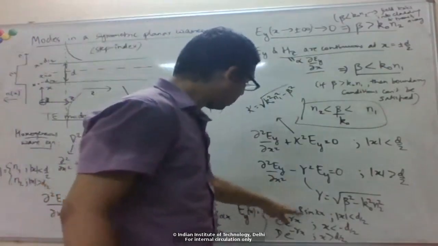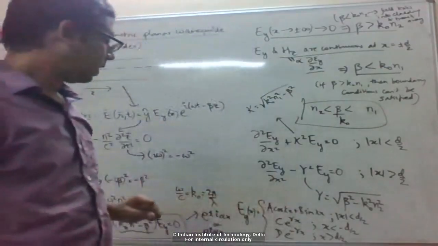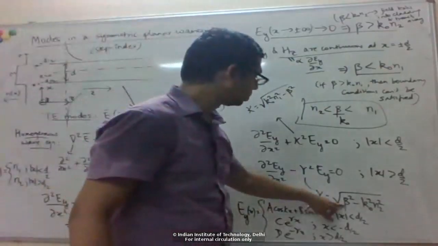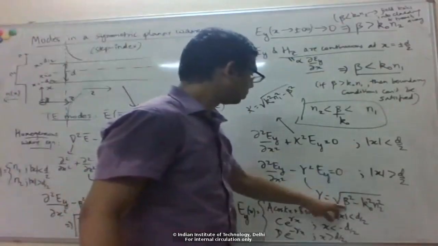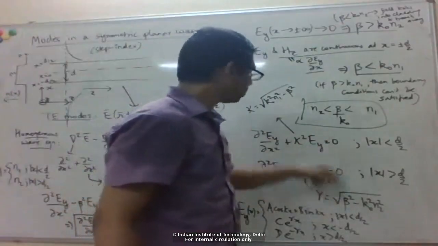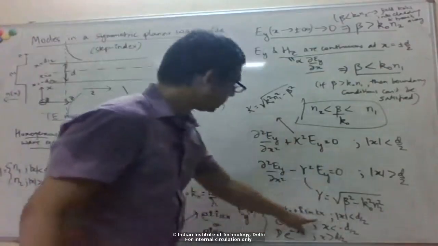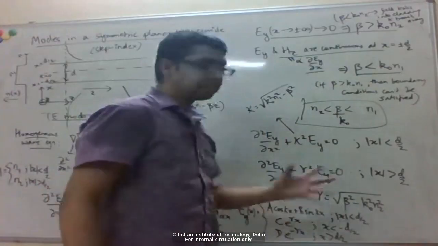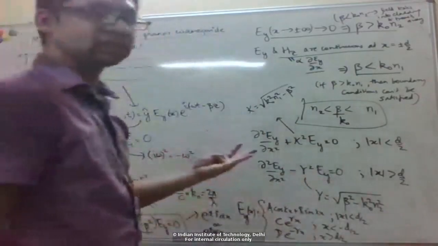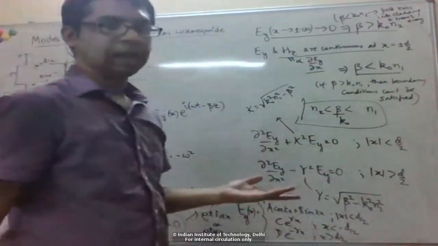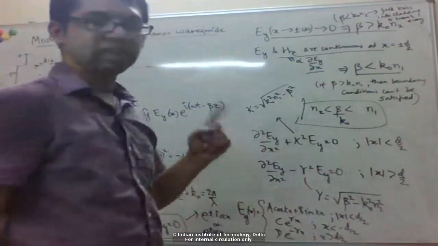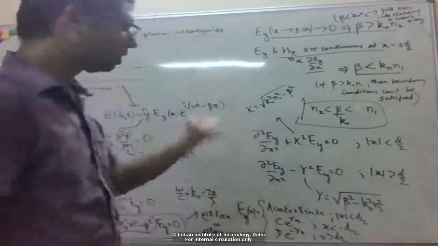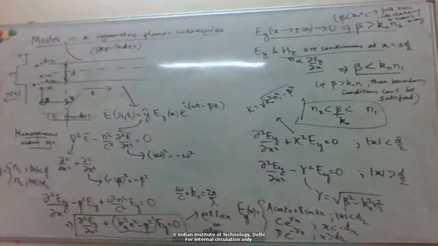Actually, we have 5 unknowns, because beta is unknown, and gamma and kappa just depend on beta. So once we know beta, we know gamma and kappa. So A, B, C, D, and then beta is the 5th unknown. We have 4 equations, so out of the 5, we'll be left with 1 unknown, which is the electric field amplitude. Others will be determined from it.